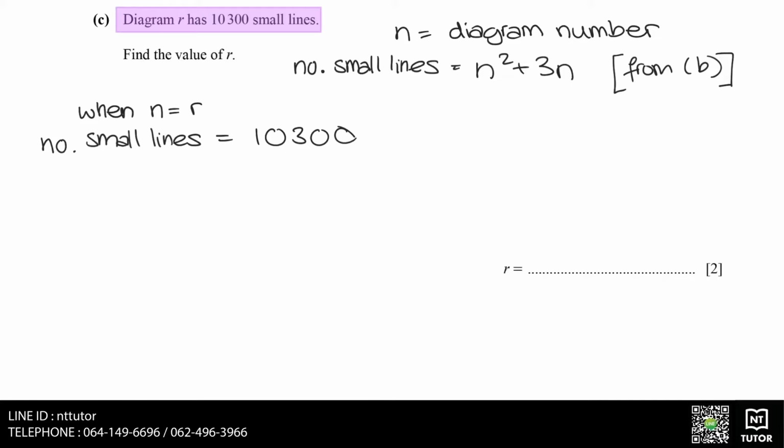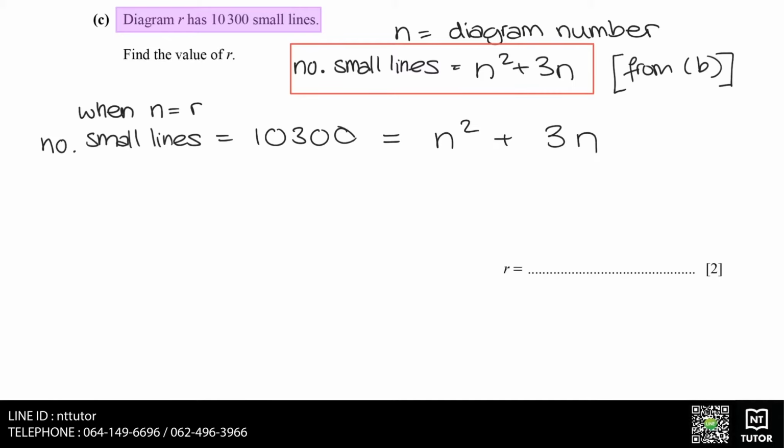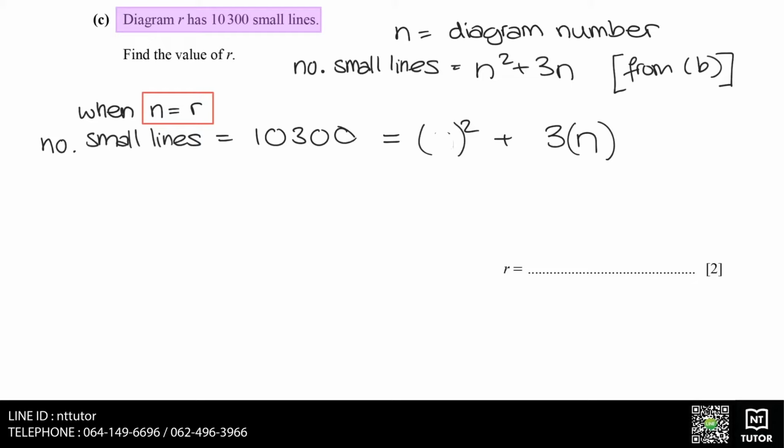And we know that we have an equation representing the number of small lines, which is n squared plus 3n. Therefore, 10,300 must equal n squared plus 3n. And we know that this value happens when n equals r. Therefore, we can substitute n with r.